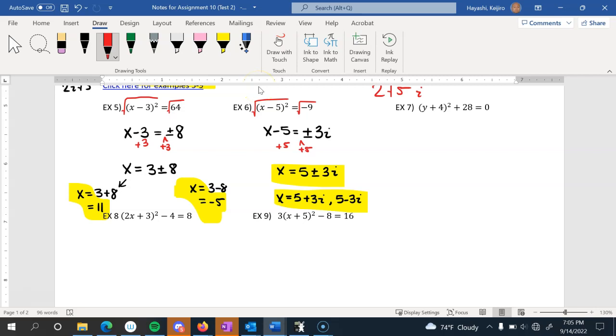In example 7, is the squared variable isolated? No. There's that 28 on there. So the first thing that we're going to want to do is subtract 28 from each side.